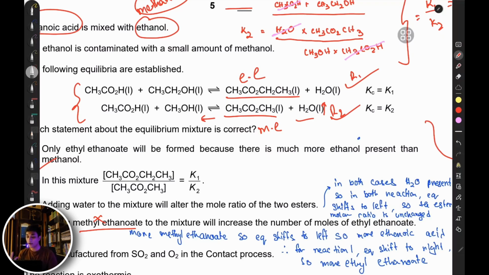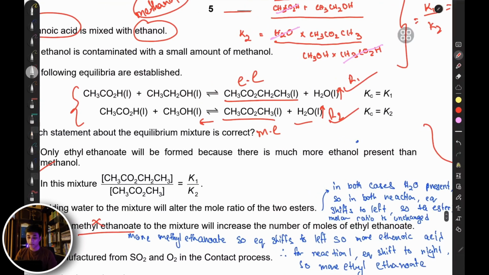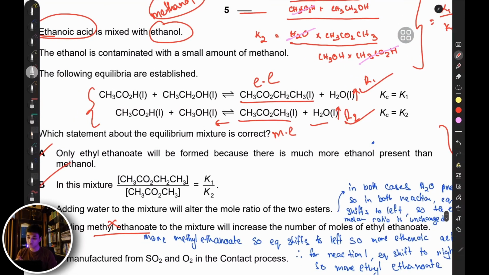To the left-hand side. Why? Because the concentration of products has increased. So for both reaction 1 and reaction 2, the products will increase, which is H2O, and as a result, more reactants will be produced in both reactions.